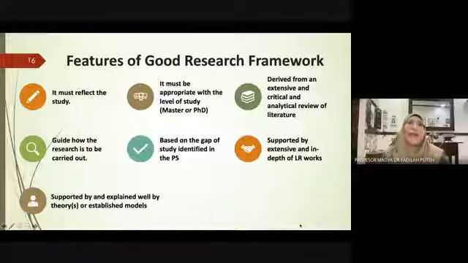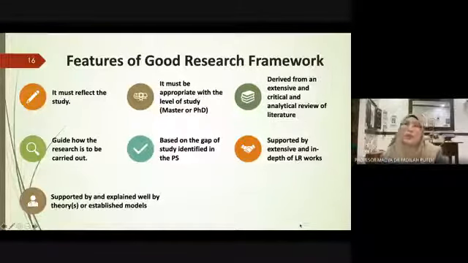And then the second one, it must be appropriate for the level of study, master or PhD. I came across this issue. What does it mean for a study to be appropriate for master and PhD? We discussed this quite lengthily when I did my PhD, among my friends, my supervisors, and also among students in the research methodology class.